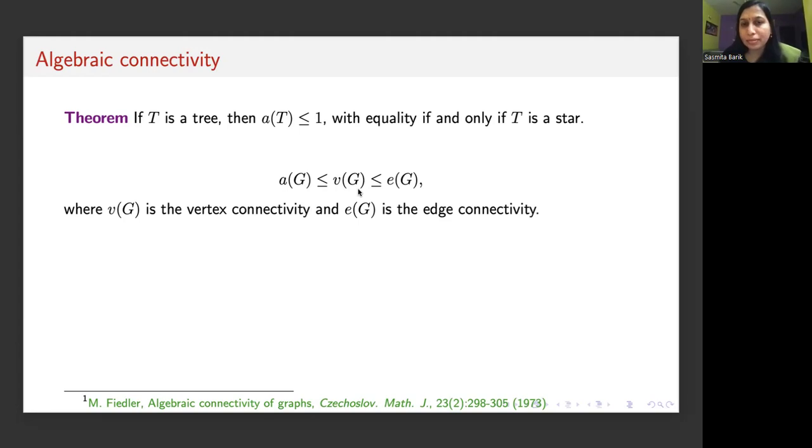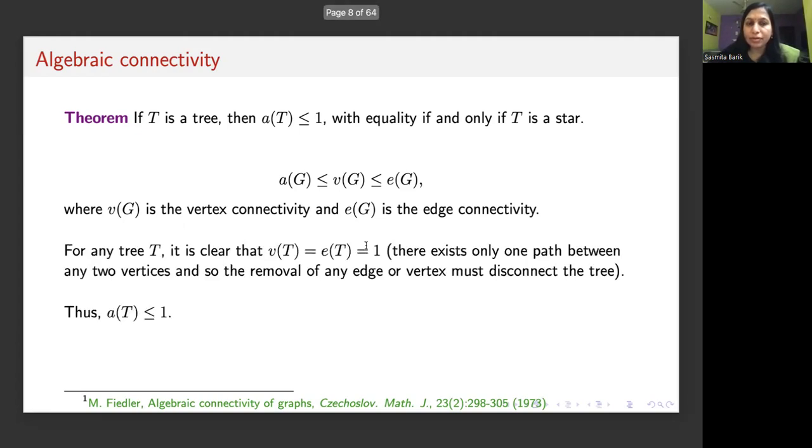Edge connectivity is similarly defined: the minimum number of edges whose deletion makes the graph disconnected. For a tree, deleting one vertex can disconnect the tree, and similarly deleting one edge can disconnect the tree. So both edge connectivity and vertex connectivity become 1 for a tree. So algebraic connectivity is always less than or equal to 1 for a tree.